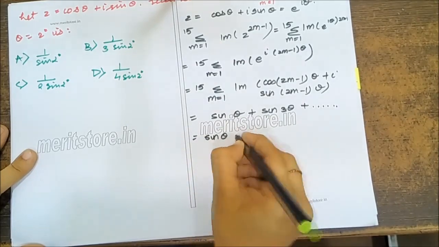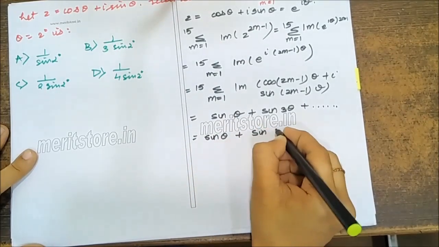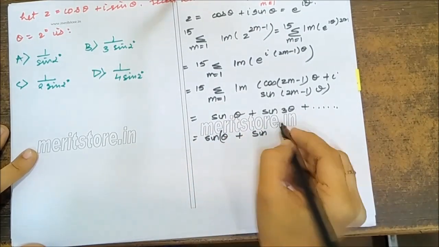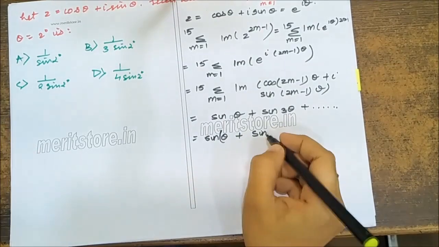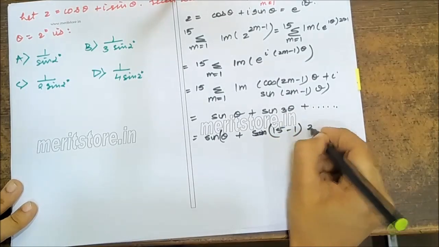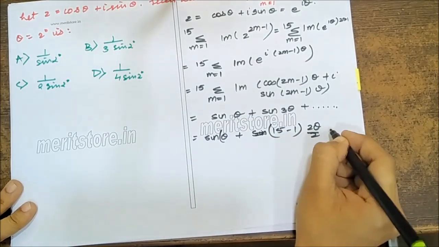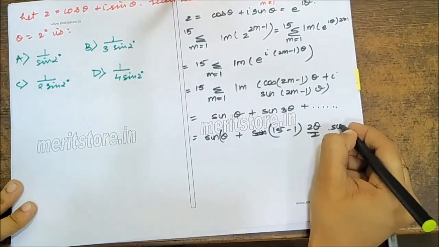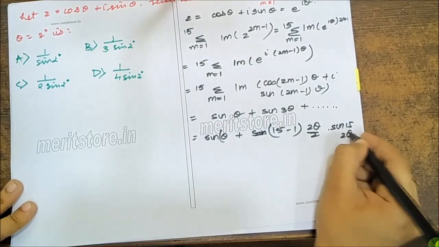Instead of sin 3 theta, I am replacing it by sin theta plus sin again, common, so 15 minus 1 2 theta upon 2, sin 15 2 theta upon 2.